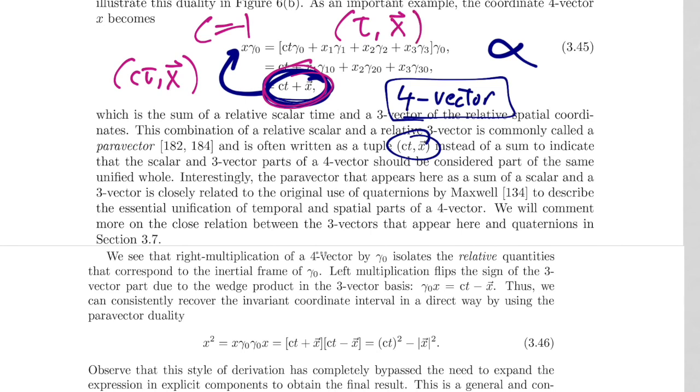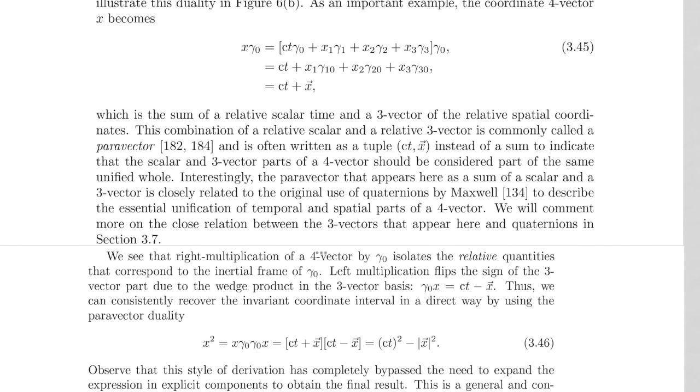When I do that, clearly I'm in the notation where c equals 1, but this paper obviously does not do that. Okay, so it's often written as a tuple instead of a sum to indicate that the scalar and 3-vector parts of a 4-vector should be considered part of the same unified whole.